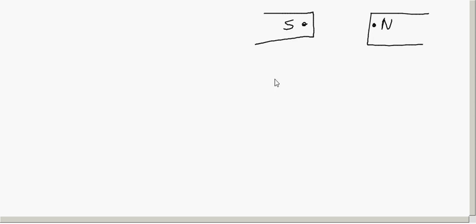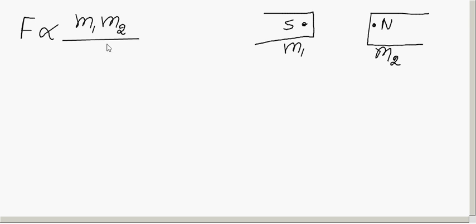If the pole strength of the first pole is m1 and this is m2, the force of attraction between these is proportional to the product of pole strength and inversely proportional to the square of the distance between these two poles. Now what is this r? r is the distance between these two poles.